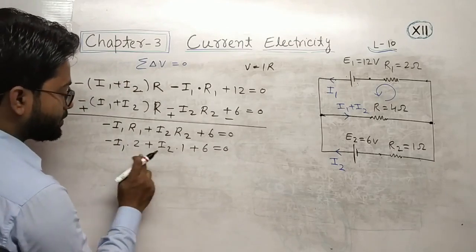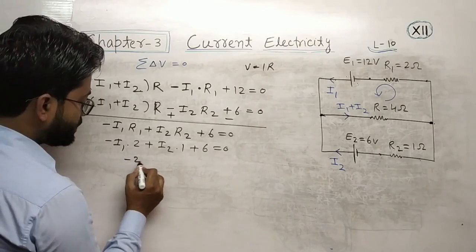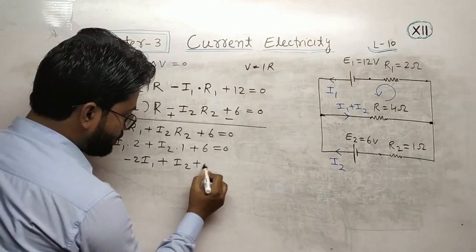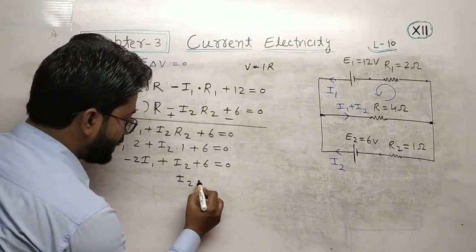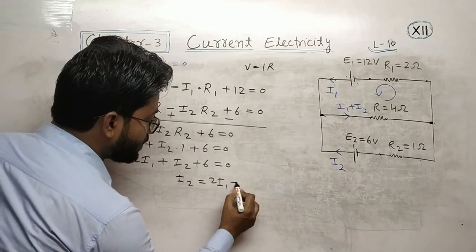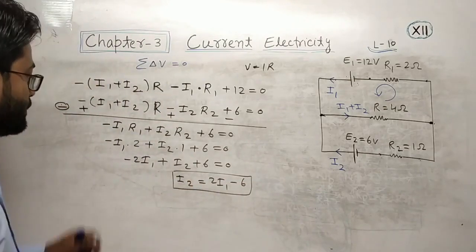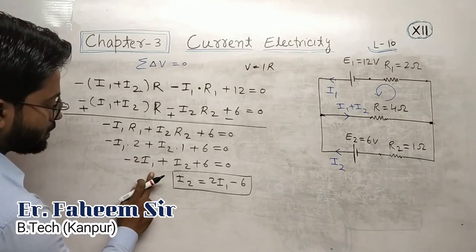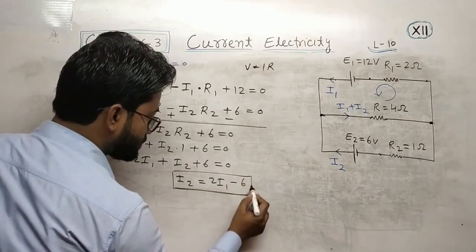You can write minus 2 I1 plus I2 plus 6 is equal to 0. You can write I2 is equal to 2 I1 minus 6, simply.